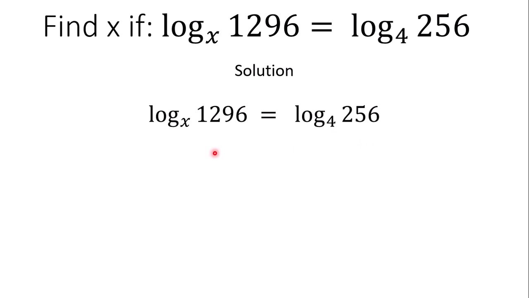So log 1296 base x is equal to 4 log 4 raised to the power 4 base 4. Good. Now looking at this is very simple. If we read it from this direction, you can see that we are building the 4 up, like we are building a storey building.